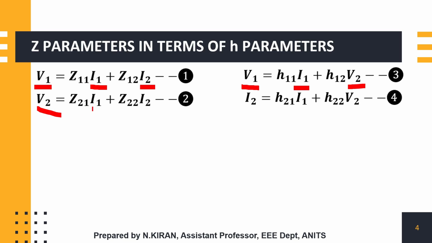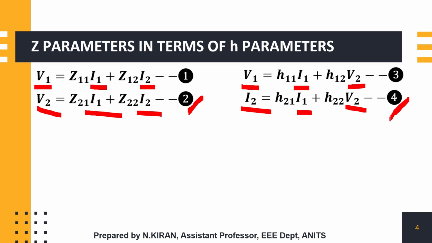Here I have V2, I1 and I2. Here I2, I1 and V2. So you can see the variables in the second equation as well as in the fourth equation are the same. Hence we can easily compare these two equations.